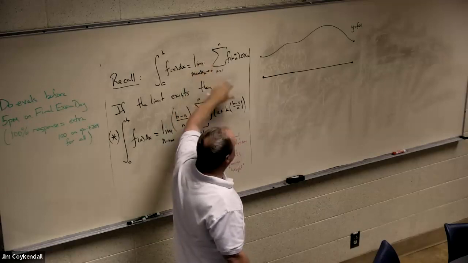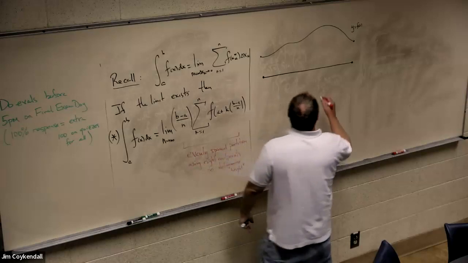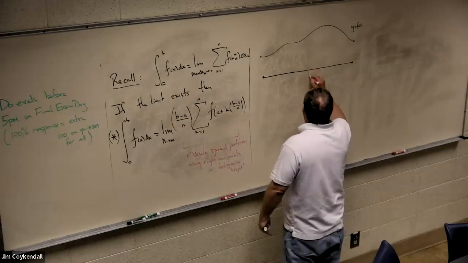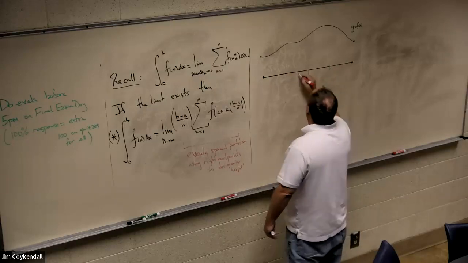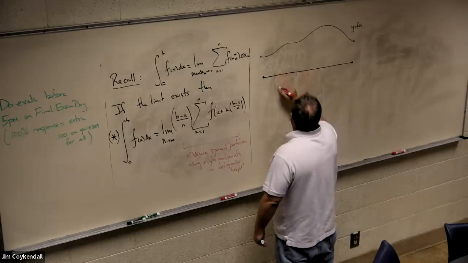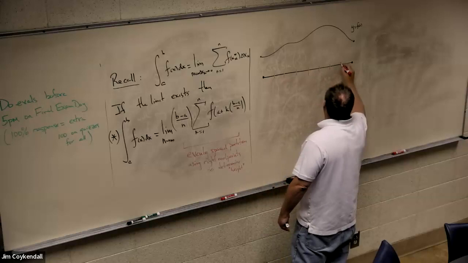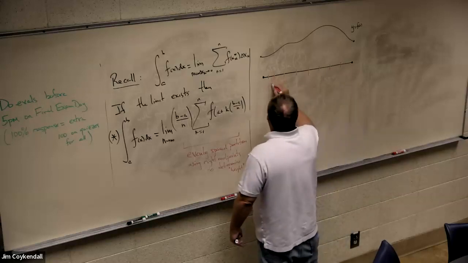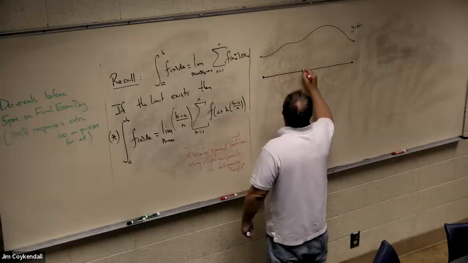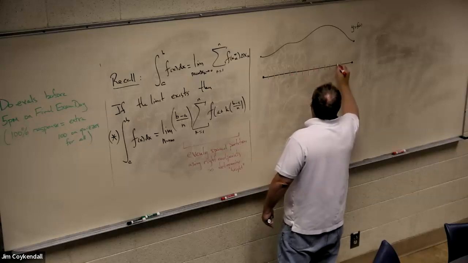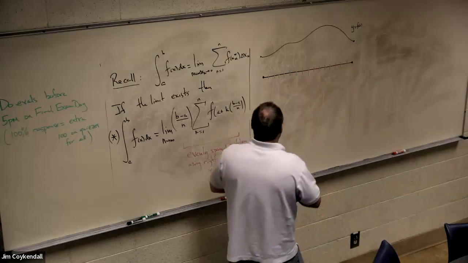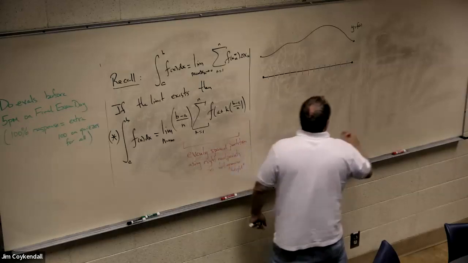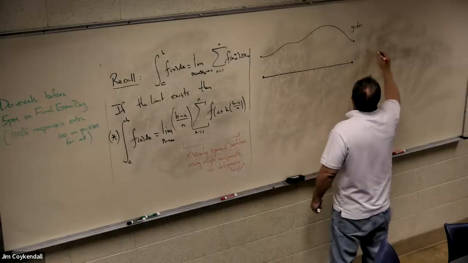So if I want to compute it, let me pick an easy one. Because if it's integrable, the limit exists for all partitions. So we'll just choose an easy one if we want to actually compute this thing. Well, we'll assume n subintervals.